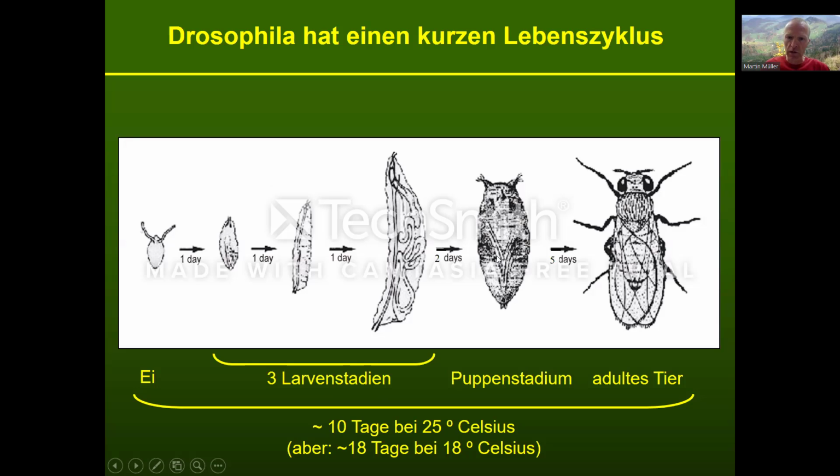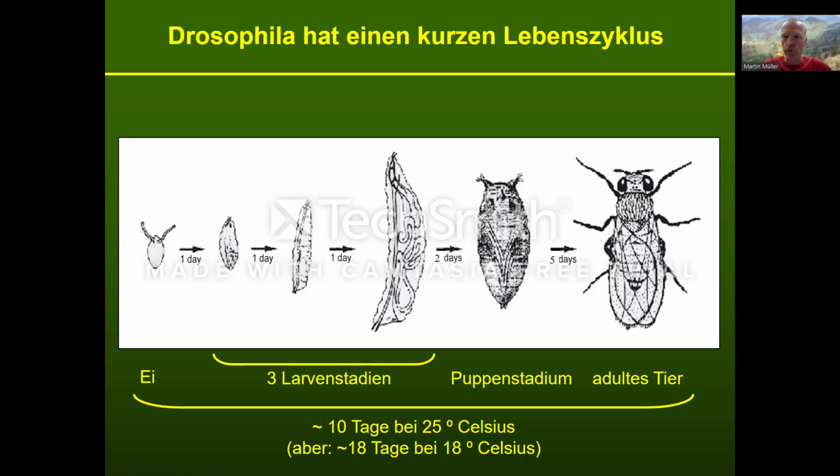And then within the pupa, the larva changes its shape dramatically from a little worm into an insect. So as I said, it takes about 10 days. The life cycle is fast.